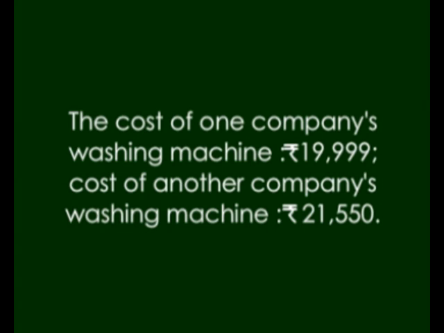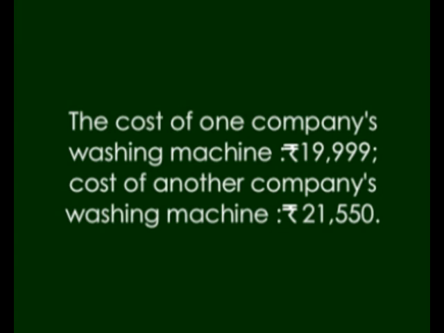The cost of one company's washing machine is 19,999. The cost of another company's washing machine is 21,550 rupees.